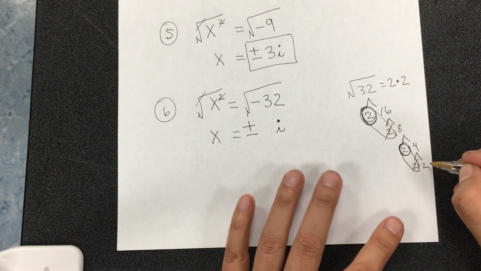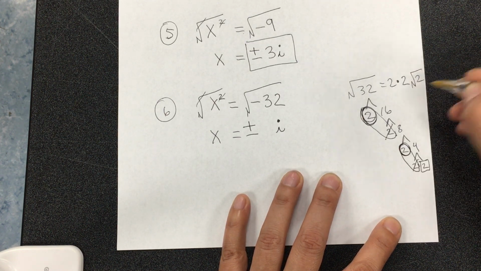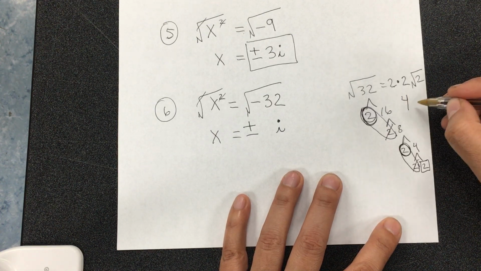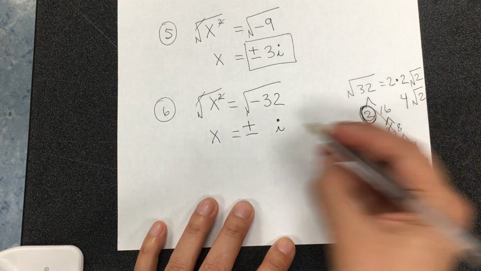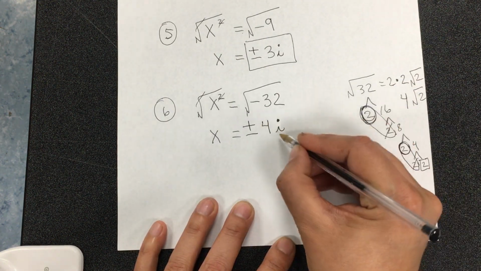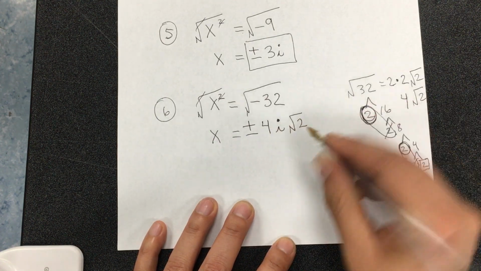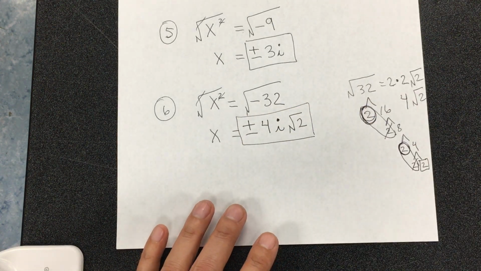And then I don't have enough to make another pair. That's lonely, so you leave it inside. And 2 times 2 is 4, square root of 2. 2 times 2 is 4, and you just bring that. The whole number is going to go on the left of the i, and the square root of 2 goes on the right of the i. And so this is going to be your answer.